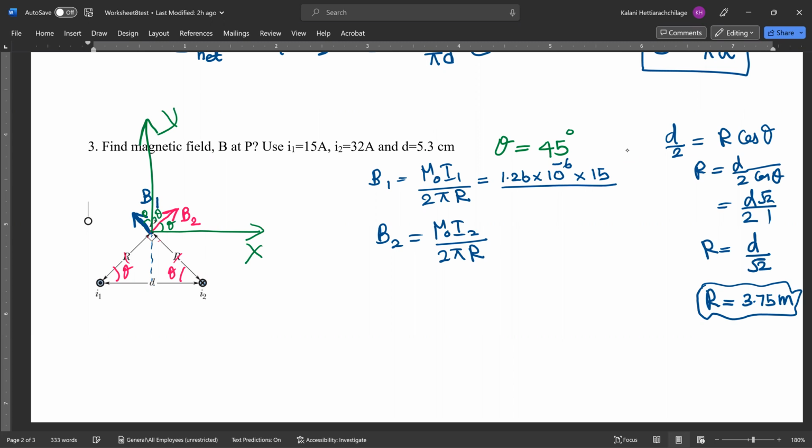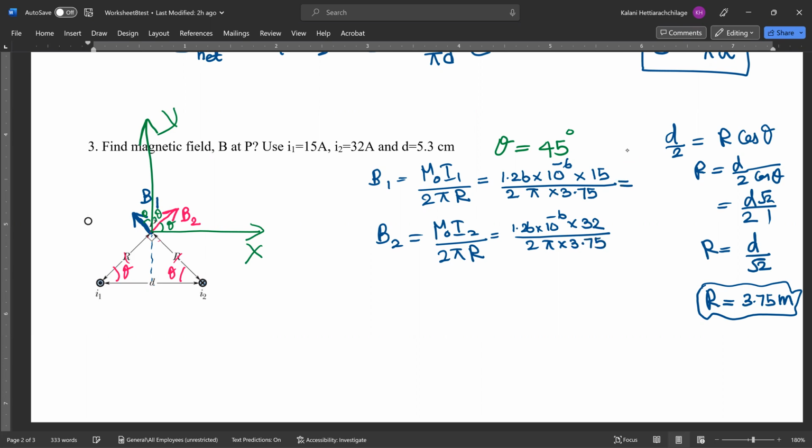You're going to divide by 2 pi, and R is 3.75. Next one will be again 1.26 times 10 to the negative 6 times I2 is 32, divided by 2 pi, and the same 3.75.